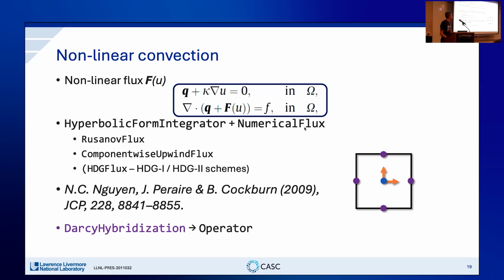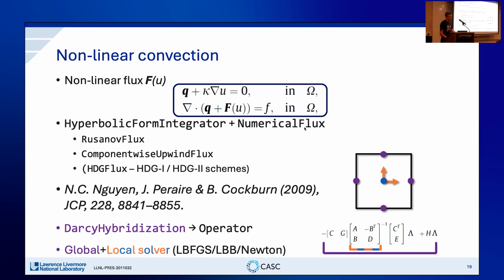But what it means in the end, the Darcy hybridization object itself becomes the system operator, and we are solving the problem on two levels: one global for the traces, and then the local within each element for that local potentials and fluxes, again with some nonlinear solver of choice, like LBFGS or Newton.